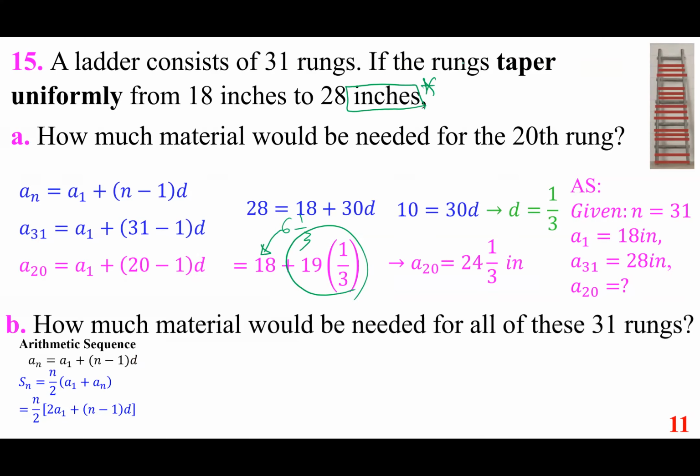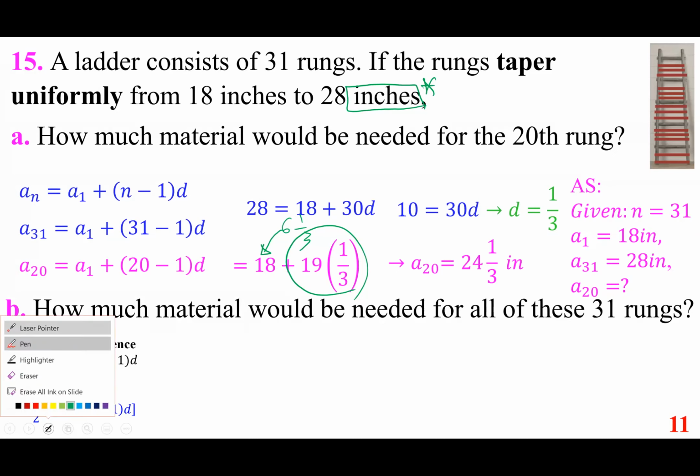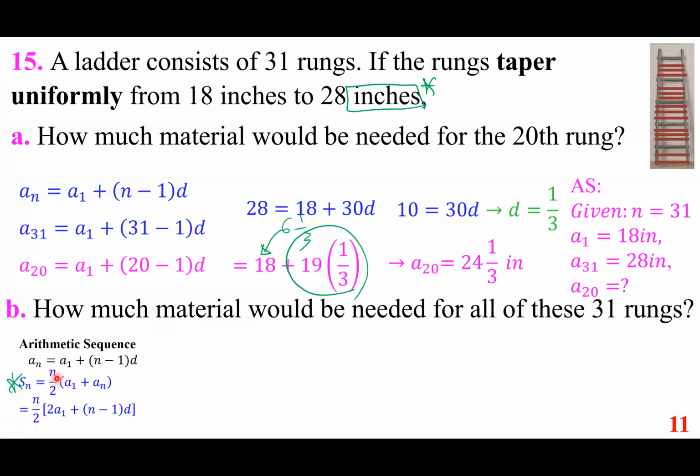Finally, how much material would be needed for all of these 31 rungs? Well, that means we want to find S sub n is n over 2 times A sub 1 plus A sub n. And we can use either this formula or this formula.